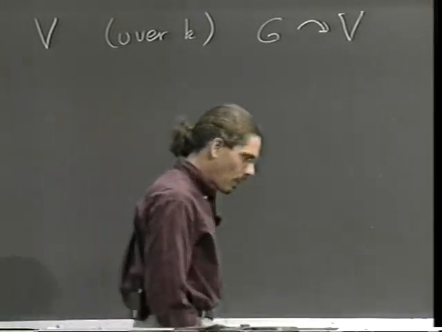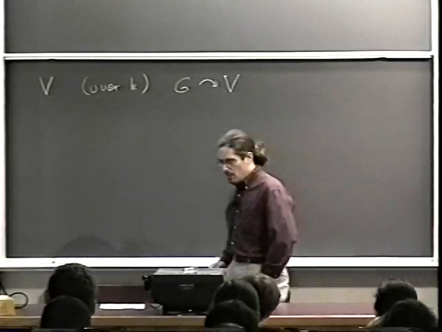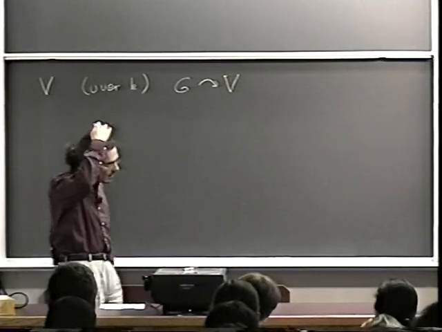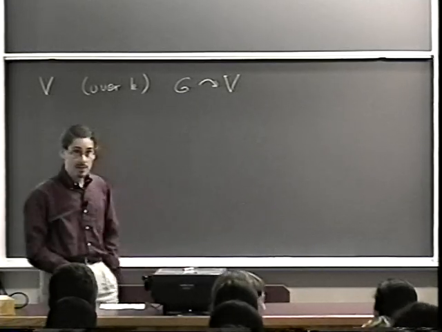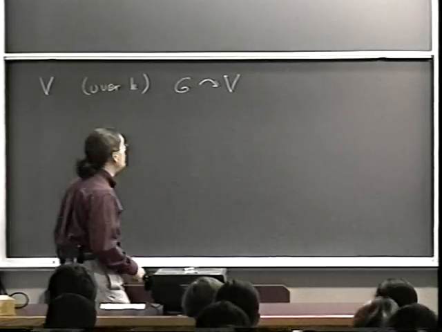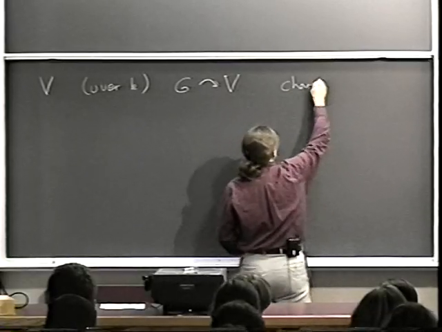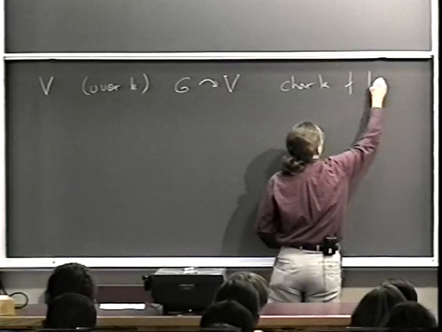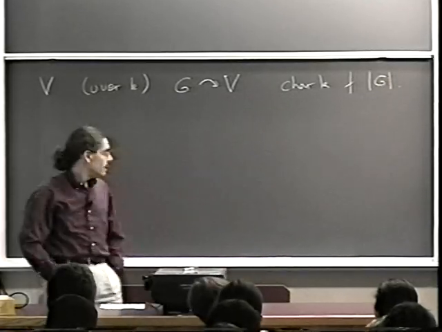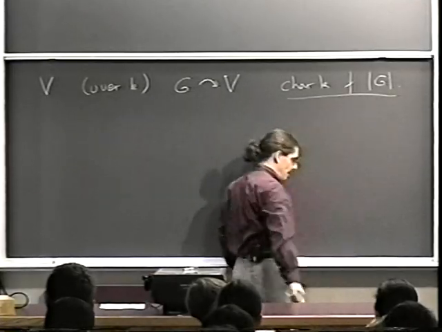This is called a linear representation of G. And we want to consider the situation where linear representations break down into direct sums of irreducible ones, which means we're going to want to consider the situation where the characteristic of our field does not divide the order of the group. So this will be a blanket hypothesis for us.